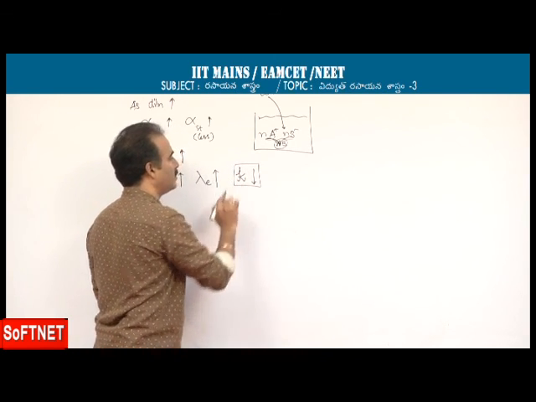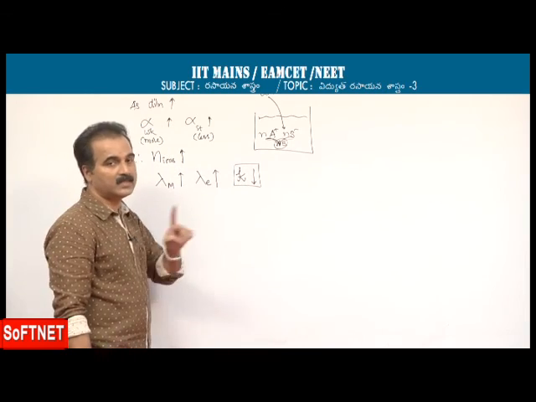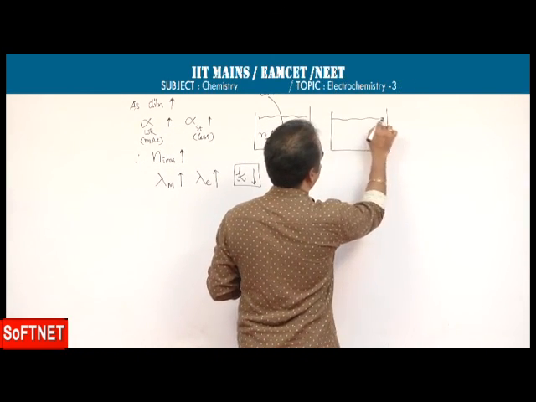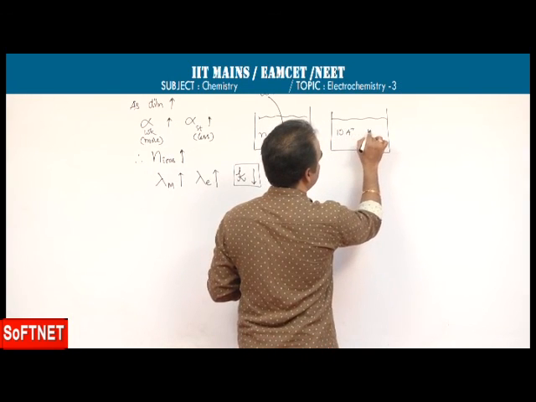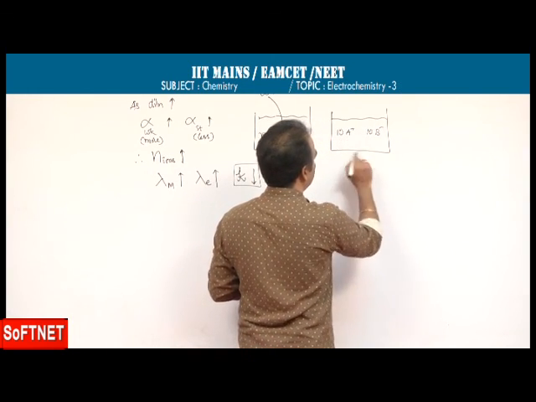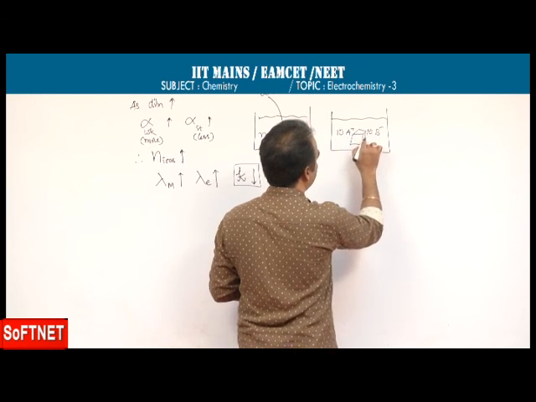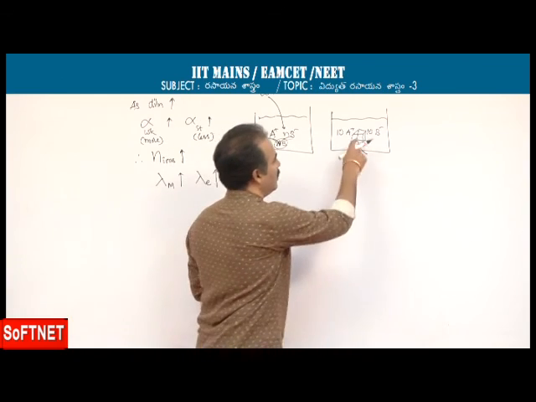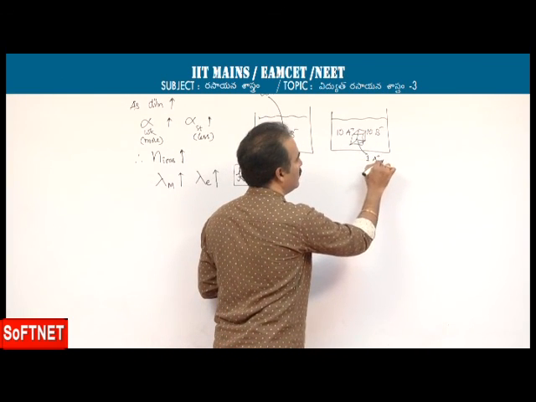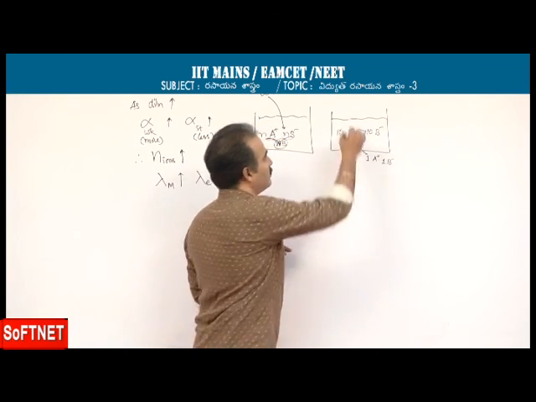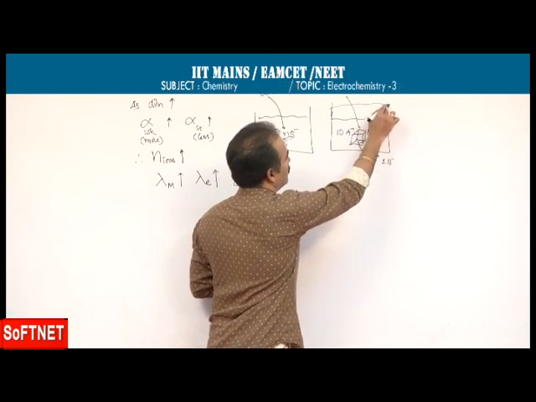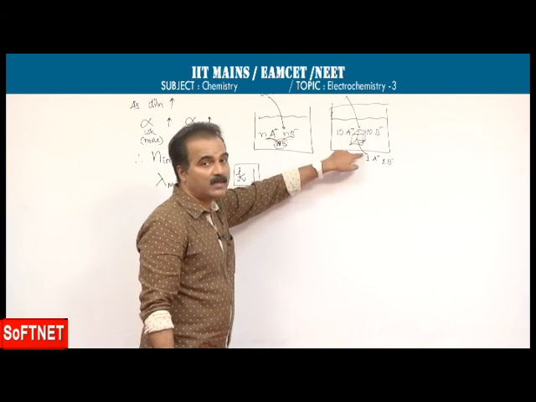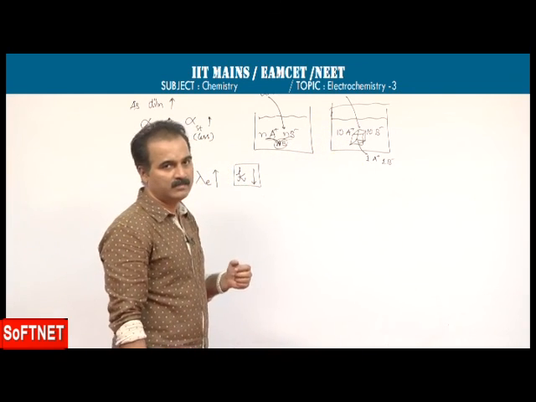What is specific conductance? It is the conductance per cc of solution, 1 cc. Suppose you see here, I have 10 A plus, 10 B minus, and I am taking 1 cc of solution, and here there is 1 A plus and 1 B minus, you can say. But when you dilute it, volume increases, but the number of ions does not increase to that extent.